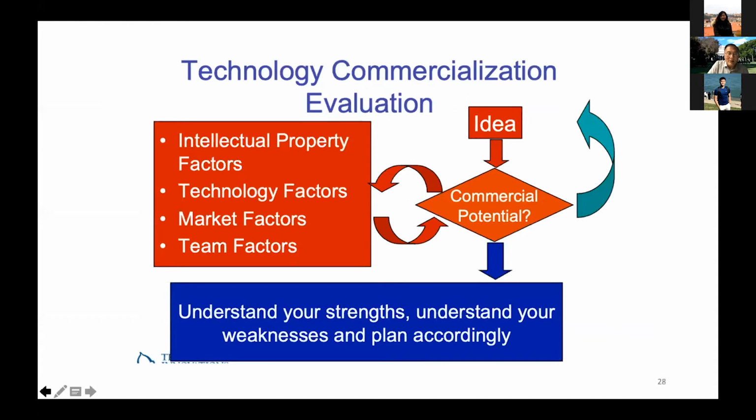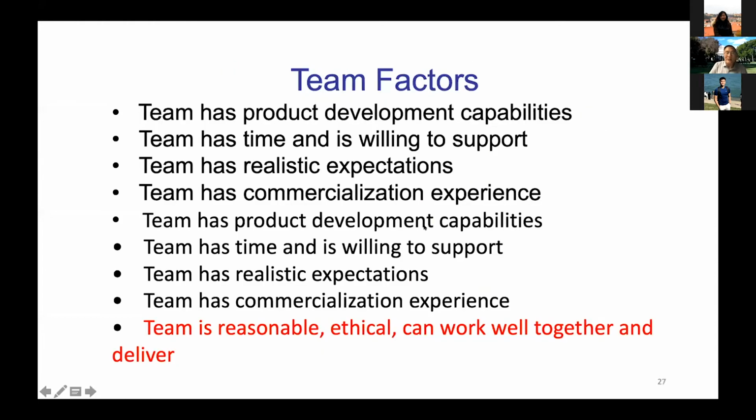And actually, let me go back to the team factor. My own experience told me a good team leader, and there has to be only one team leader who is in charge. That team leader also has to understand the core team members well, and their thoughts and needs have to be well considered and taken care of.